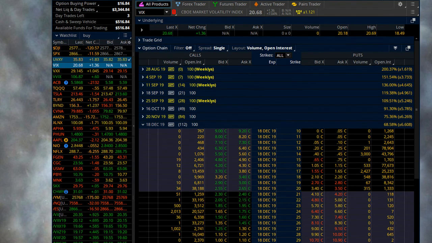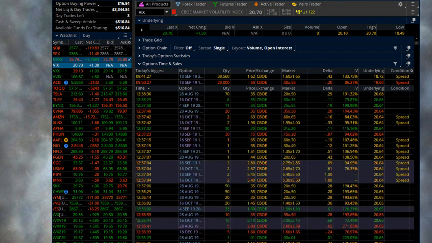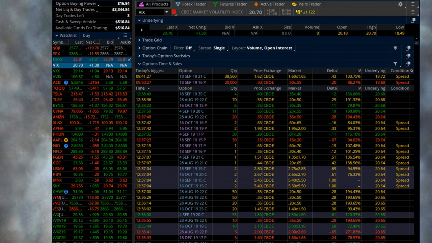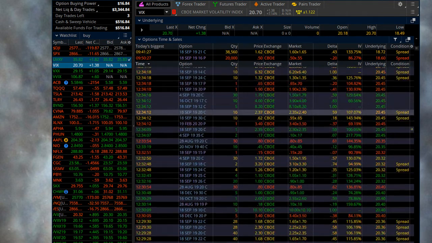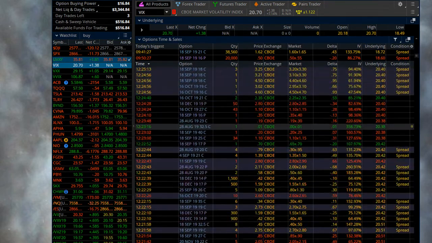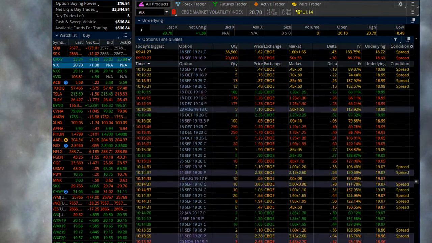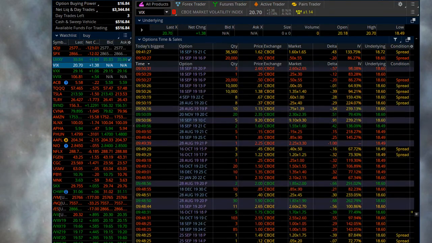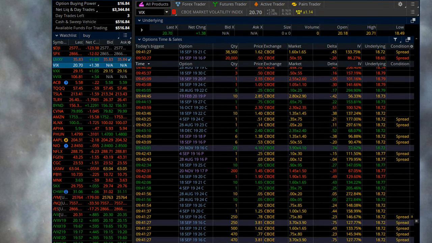And Thinkorswim does a good job of isolating the top couple trades. So if we were to go to option time and sales, we're going to see the top couple trades. And we can see it's a spread from 951, 38,000 something traded on the spread. So these are SEP21 calls. So if we go to 941 here to find the other side of that spread, and I would recommend to you to take a look at time and sales and try to figure out what's going on here.